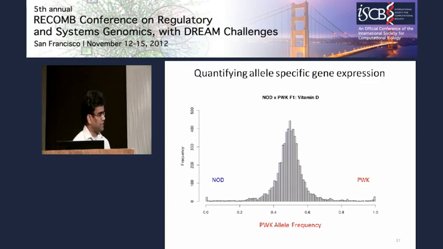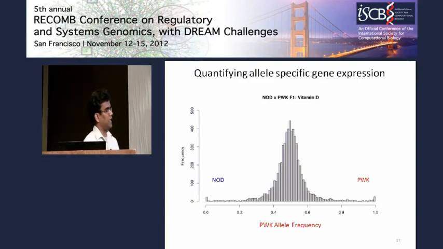The x-axis is the PWK allele frequency, going from 0 to 1, and reassuringly it is nicely symmetric. In the case of the first approach, we could see really high NOD-specific expression. Here 0 is NOD-specific expression, where the NOD allele is preferred, while towards 1 is where the PWK allele is preferred.